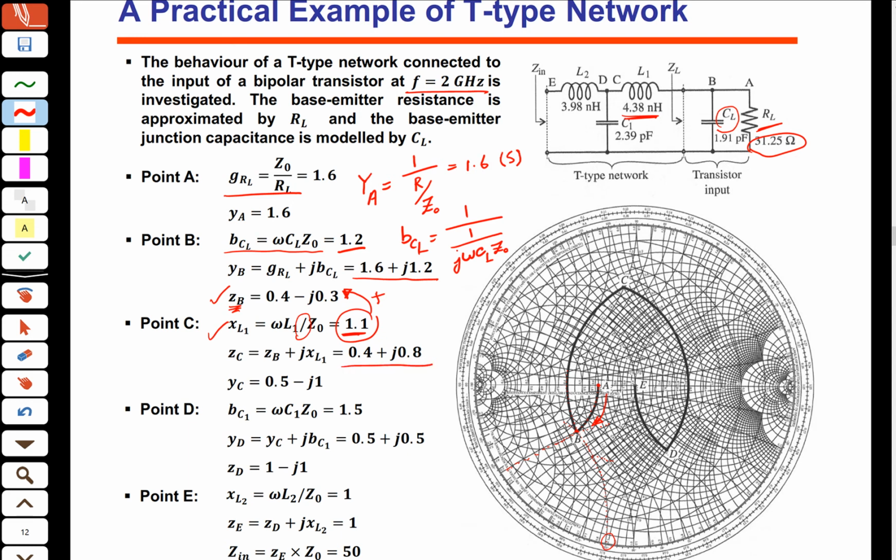So we are moving to the intersection of the 0.4, the red 0.4, which is impedance, and this is the 0.8. We are here.